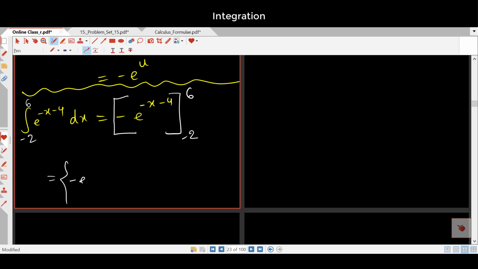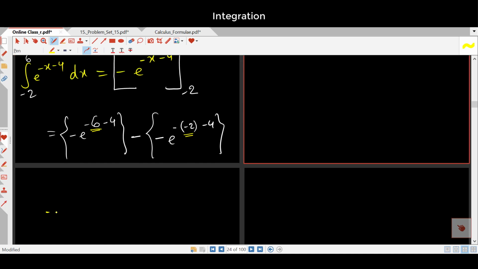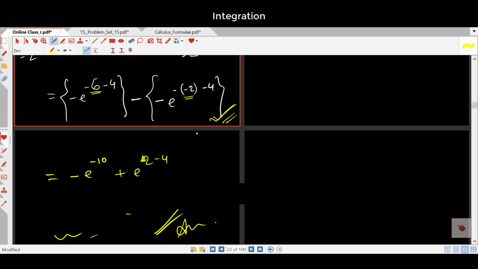So let me write here minus e power minus, in this part you have to input the upper limit, minus e power minus of minus 2 minus 4. So in the place of x I have just plugged the upper bound and lower bound, nothing else. That is about the fundamental theorem of calculus. So now you can easily write what is the result, that is minus e power minus 10, here minus minus plus e power plus 2 minus 4. You can keep your result here, no problem.